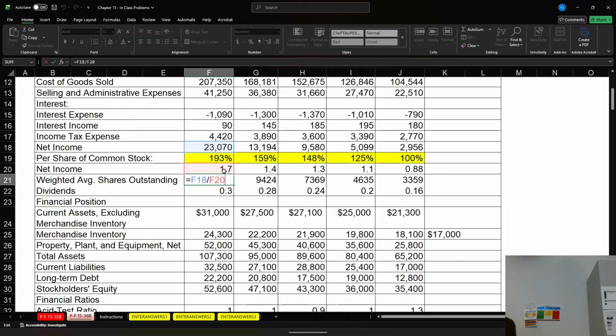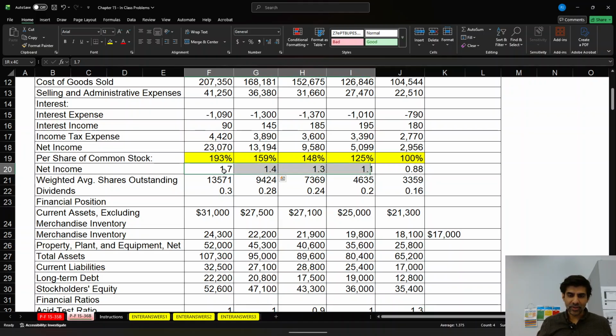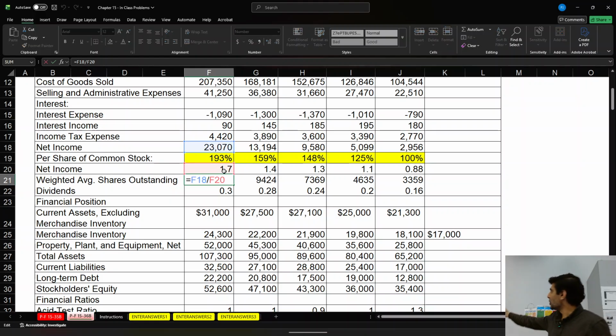Basically, we divide net income by the number that we calculate for shares. Really, we're just deriving one from the other. So this line here is the right answer for earnings per share. I'm just illustrating that if you wanted to know how many shares are outstanding, you could just use this formula to figure out how many weighted average shares are outstanding.